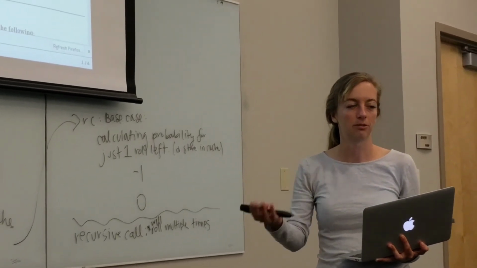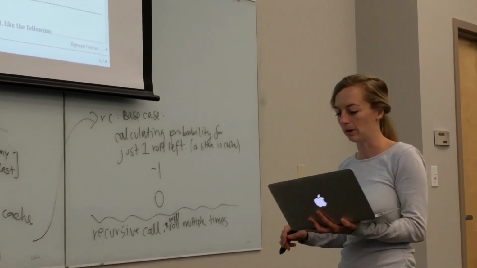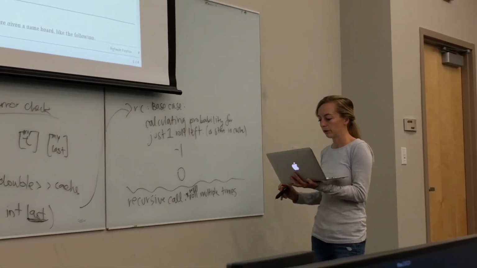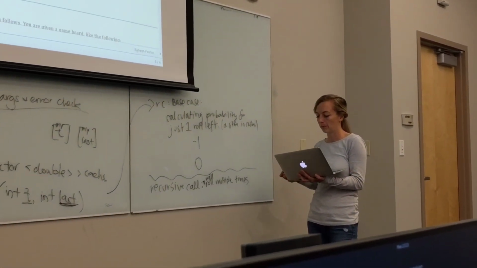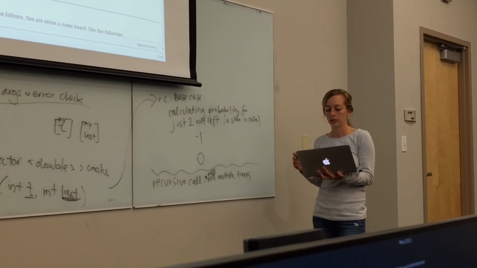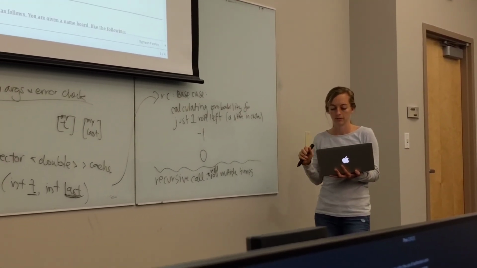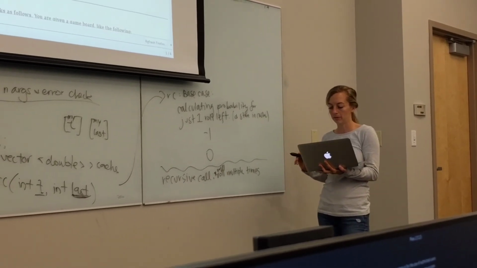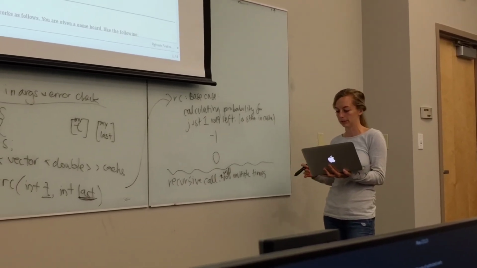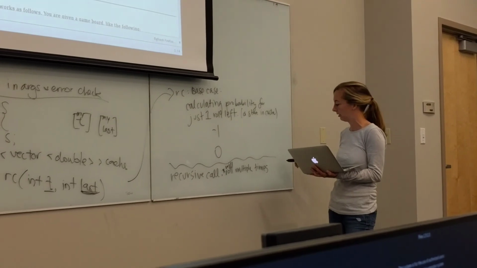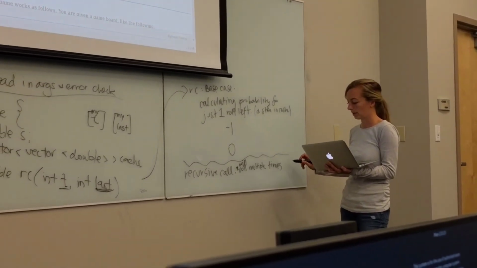You're just going to basically forget about it, not worry about it. So the first roll always succeeds, so calculate the probability of the second roll using each side as the last roll. And if you have a last roll, then calculate the probability of success when rolling anything other than the last or last plus or minus 1.